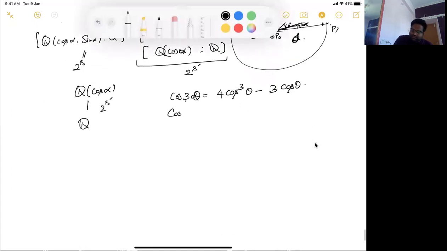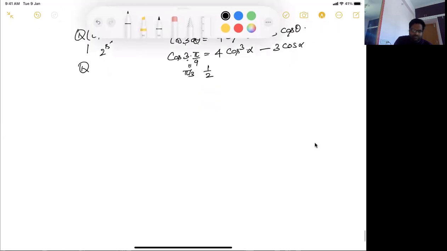So cos 3 times α, where α is π/9, equals 4 cos cube α minus 3 cos α. Cos π/3, cos 60, is half. So you'll have 4 cos cube α minus 3 cos α minus half equal to 0. In particular, we have 8 cos cube α minus 6 cos α minus 1 equal to 0.